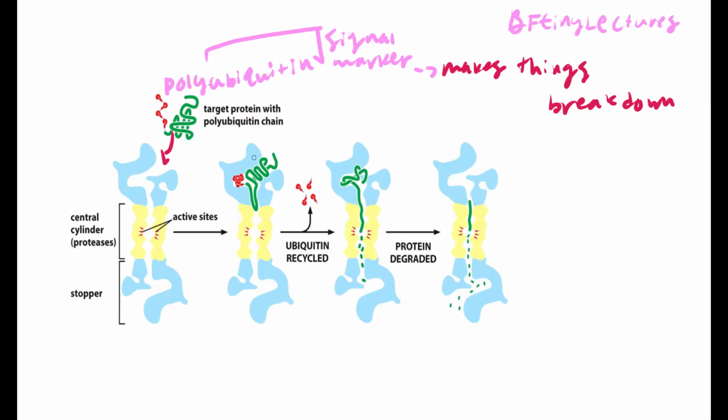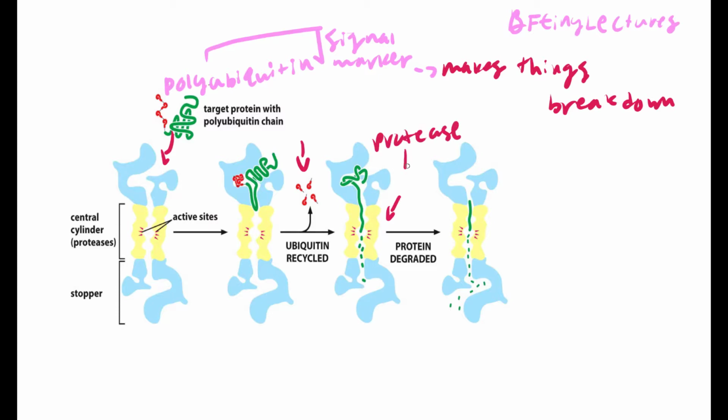Whenever it presents the ticket to the proteasome, it says, okay, I see that you need to be degraded, so I'm going to take your ticket, I'm going to throw it away, which is what happens here, and then I'm going to accept you into the active site. So now whenever the protein, which has the polyubiquitin, enters the proteasome, it enters the protease.